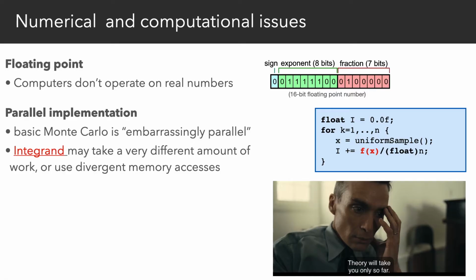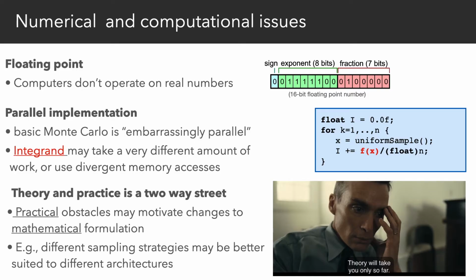Yet there are several challenges in parallelizing, such as effectively evaluating an expensive integrand in a GPU implementation. More generally, theory and practice often go hand in hand when developing these Monte Carlo integration techniques. The practical obstacles often motivate novel mathematical formulations. For example, a very large set of Monte Carlo sampling techniques have been developed specifically to enable fast rendering on GPUs.